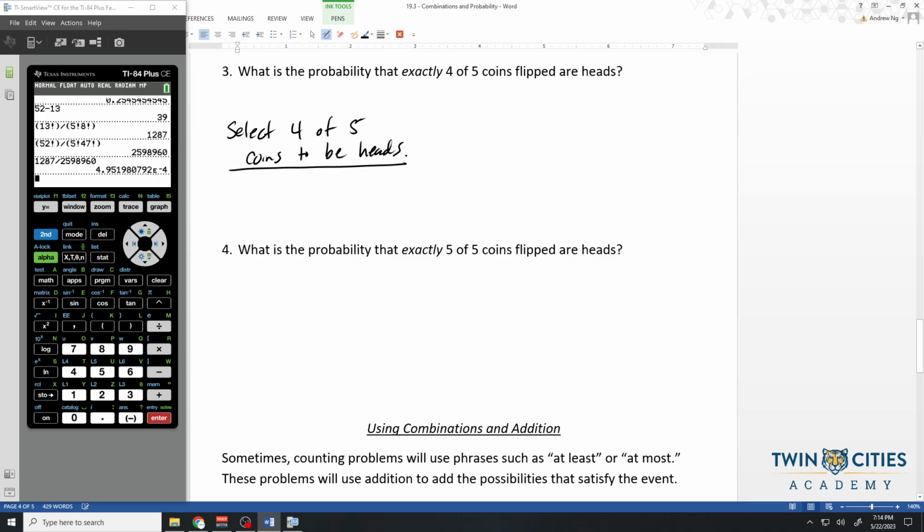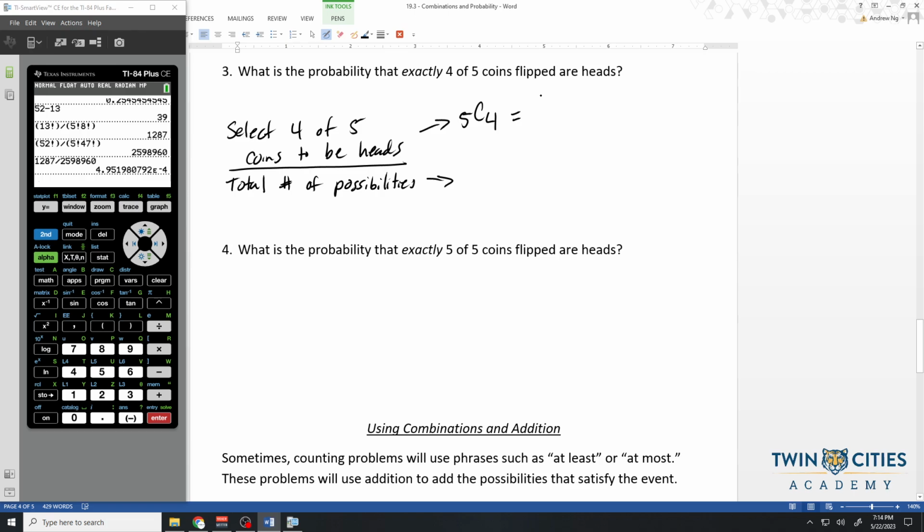And we're going to do that over the total number of possibilities. So this is the total number of different flips. I've got 5 coins. I'm going to choose 4 of them. 5, choose 4.